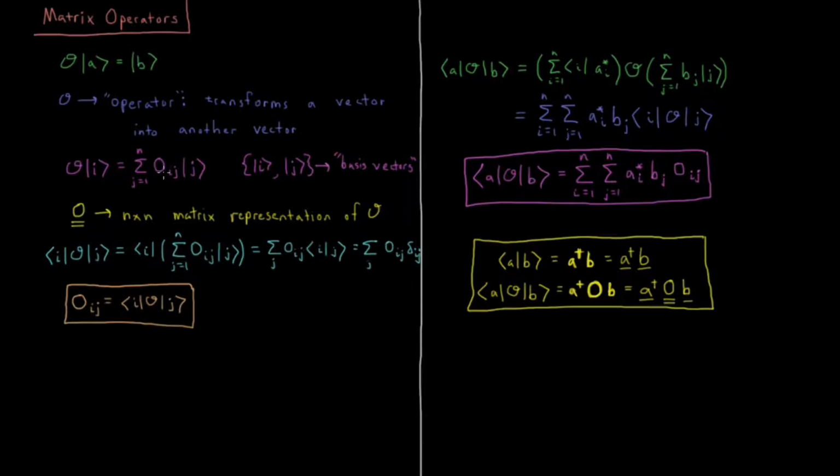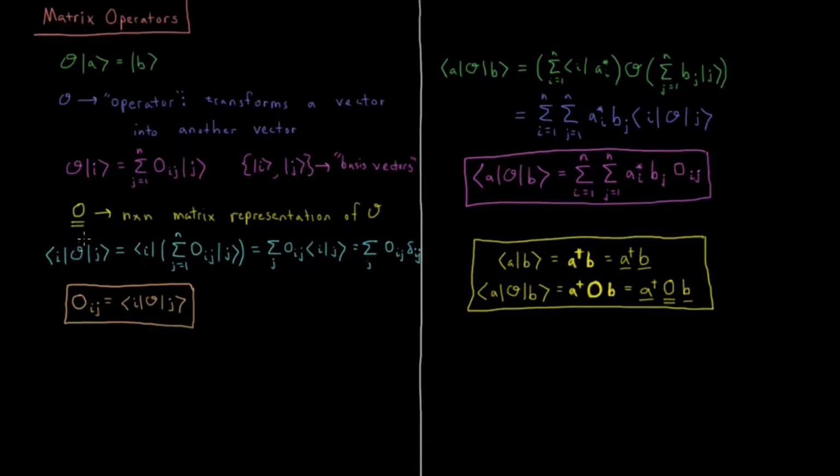So we have this coefficient Oij, which is how O changes i into j. If there's no component of j in the transformed i, then this is 0. If i stays the same, then Oii is equal to 1. Okay, so O is going to be an n by n matrix representation of our operator script O.